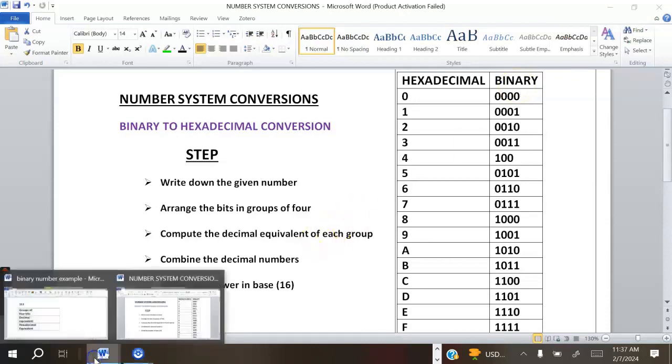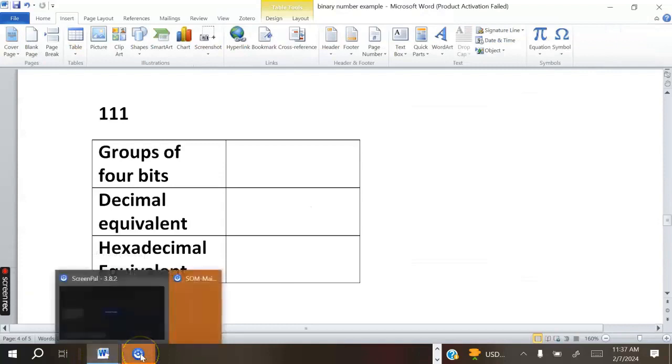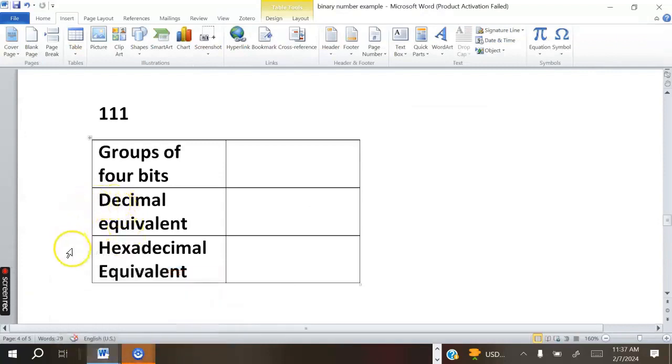Okay, let's dive directly into our example. Example number 1, we have 111. As you can see, it is not possible for us to get 4 bits. So what do we do? The rule is very clear and you need to note it.